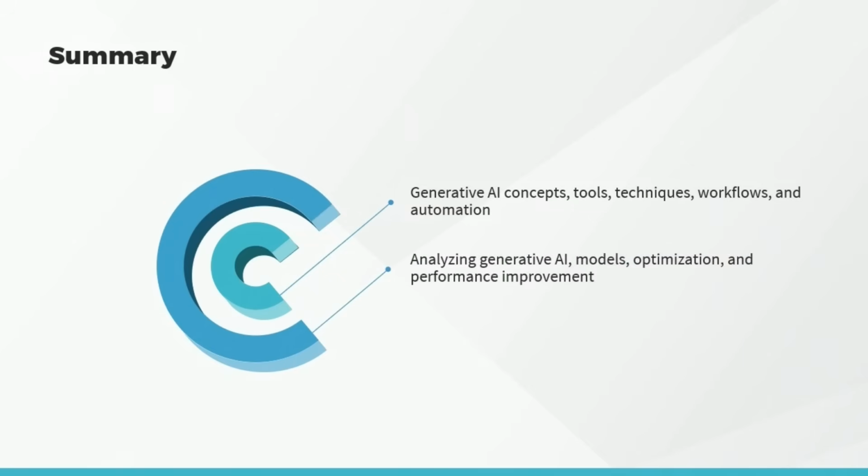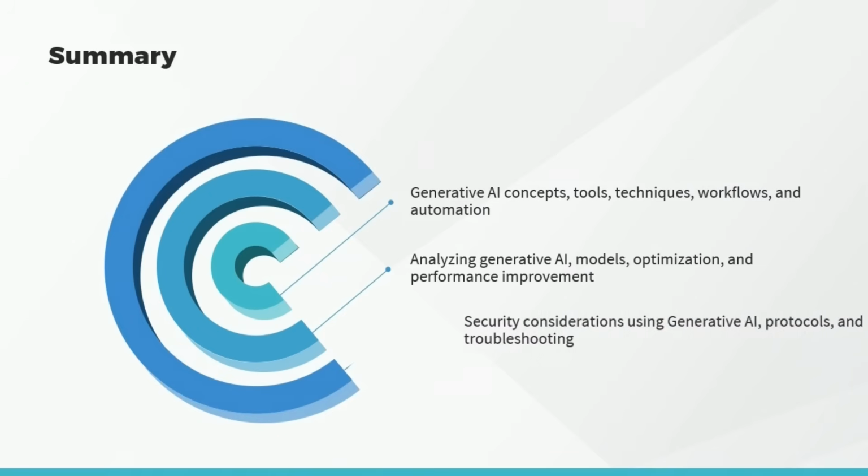We analyzed generative AI models, optimization, and performance improvement of AI models. We explored security considerations using generative AI, as well as protocols and troubleshooting applications that use generative AI. In our next course, we'll move on to explore advanced generative AI application techniques to improve the reliability and scalability of IT systems.